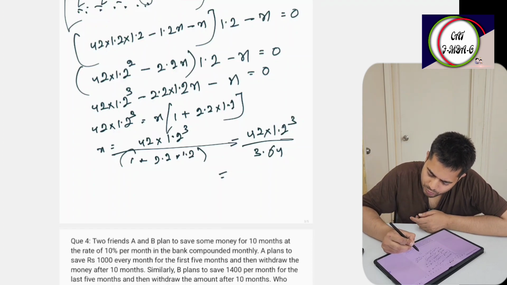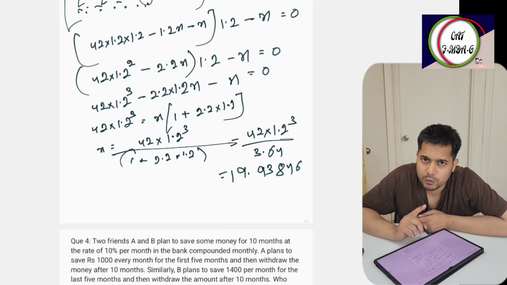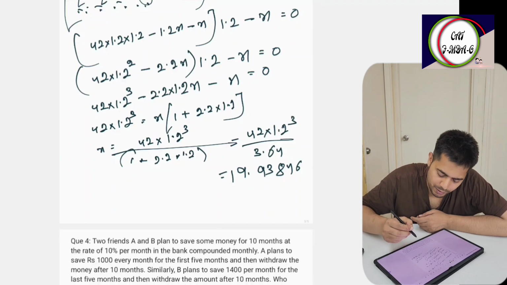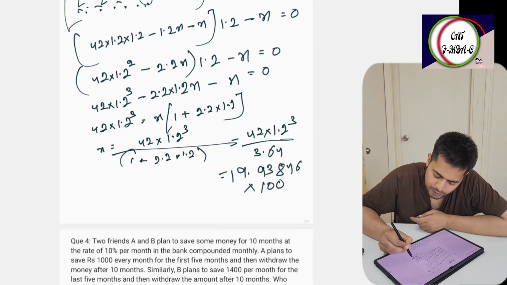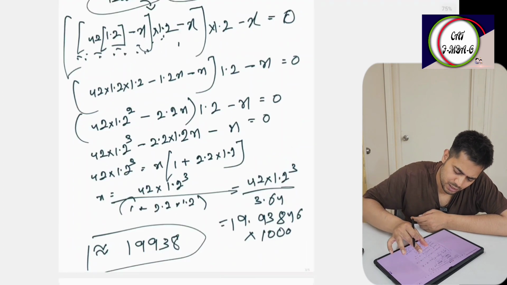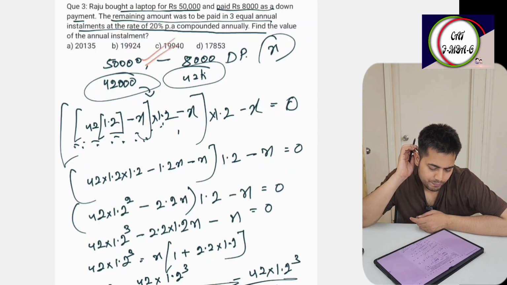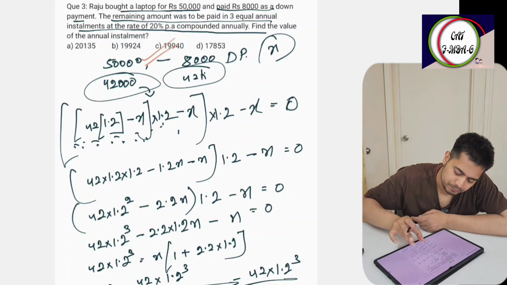This is coming to be around 19.93846. Now we have taken not 42,000, only 42, so the answer has to be multiplied by 1000. So into 1000, this will be 19938. The answer nearby to it will be the right answer. Option number C is the right answer, 19940. Okay, let's move ahead to the next question.